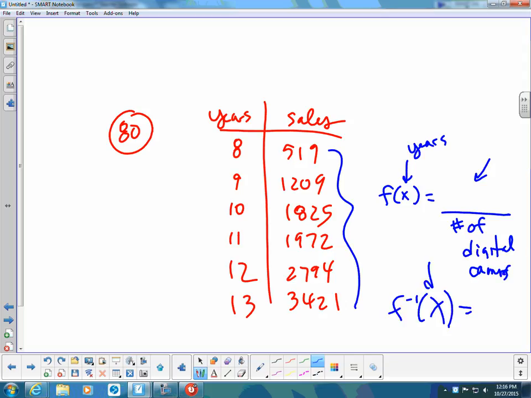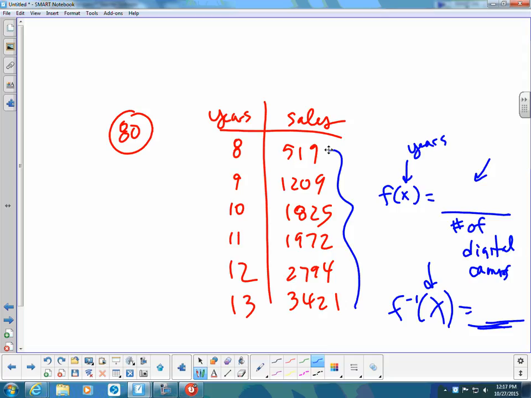Now, if I plug in what, you'll tell me what? All right, so if you tell me the number of cameras sold, the output will be what year it was. Does that make sense? All right, and then it says if f inverse exists, find f inverse of 1825. That's saying if 1,825 cameras were sold, then what year was it?